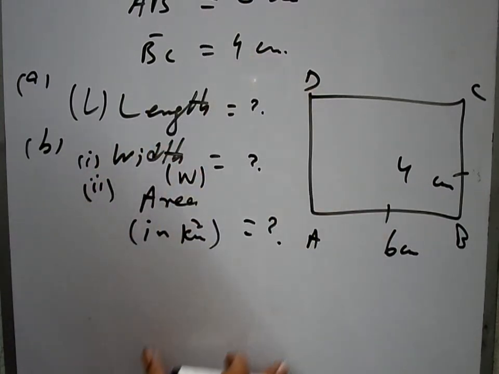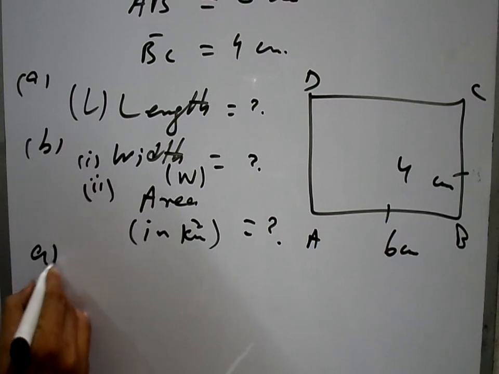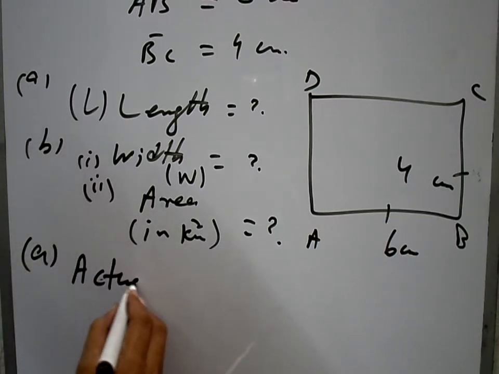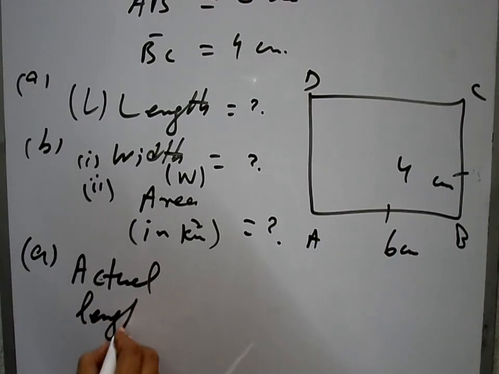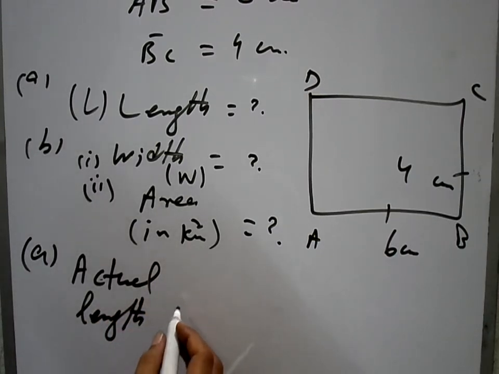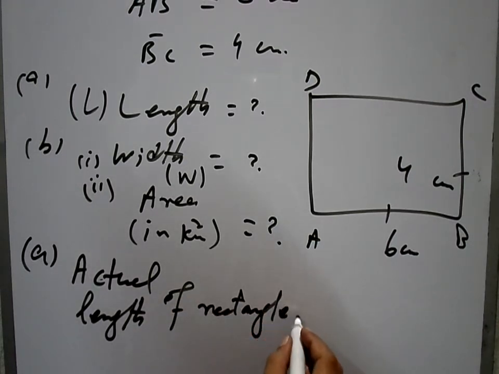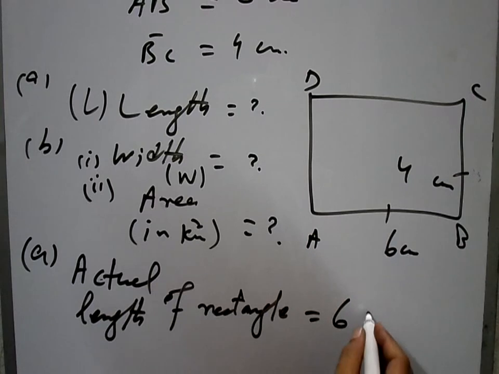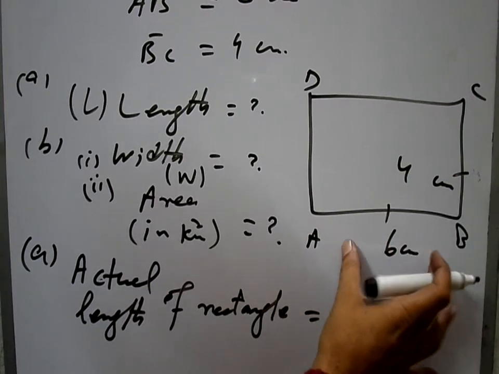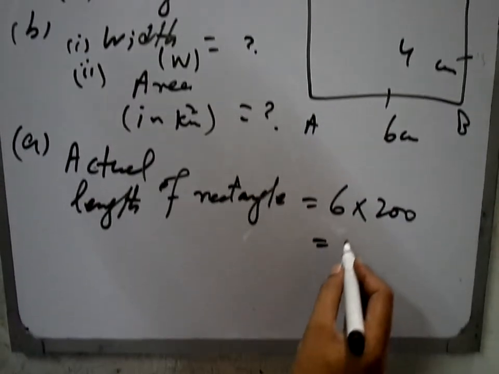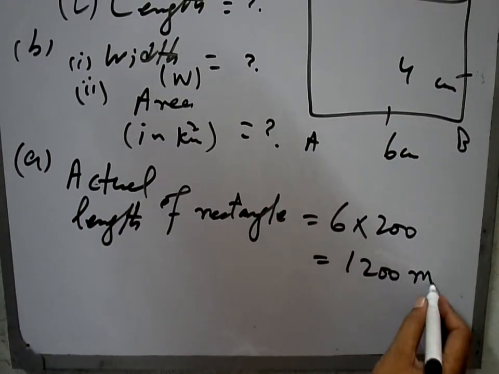In A part we have to find the actual length of the rectangle, which is equal to 6 multiplied by 200, your scale ratio, so you will get 1200 meter.